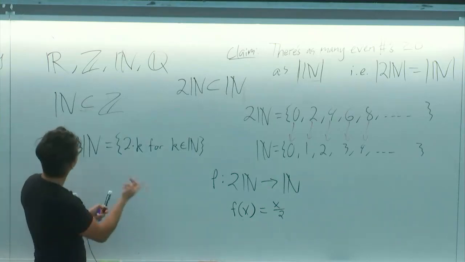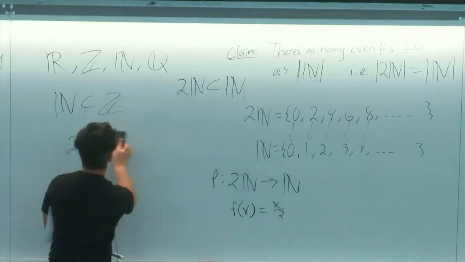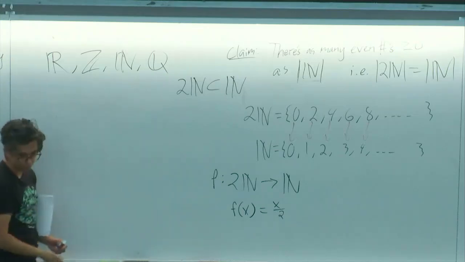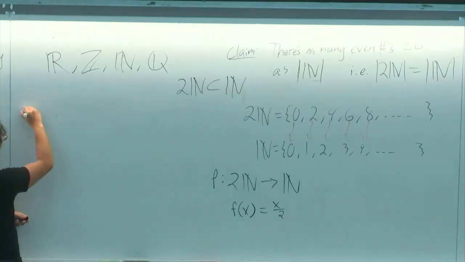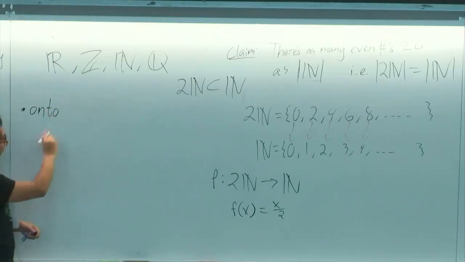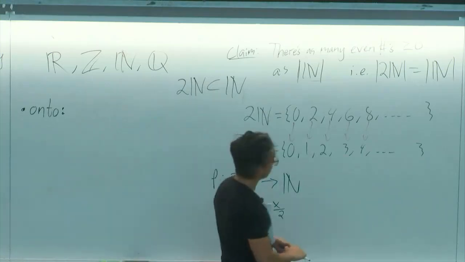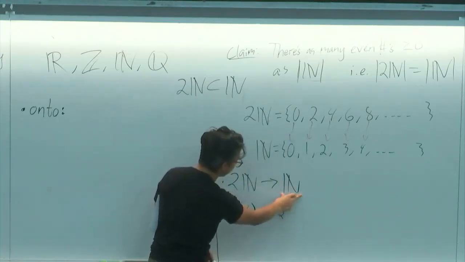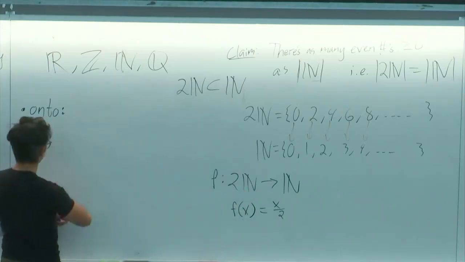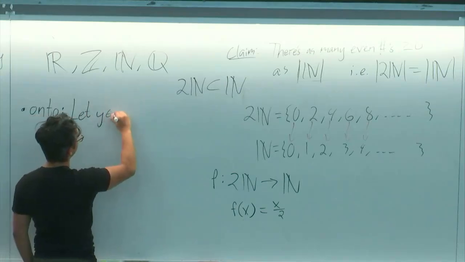So what we need to do to show that, I'm going to erase this, is to show that f is onto and one-to-one. First off, we're going to show onto, and we just need to look at the definition for that. We want to say that everything in n gets mapped to by something here. So let y be in n.